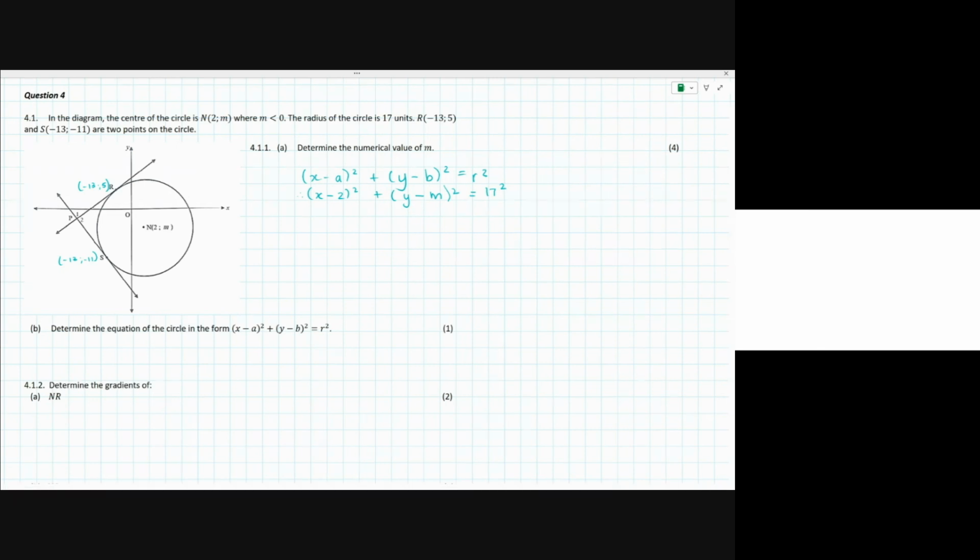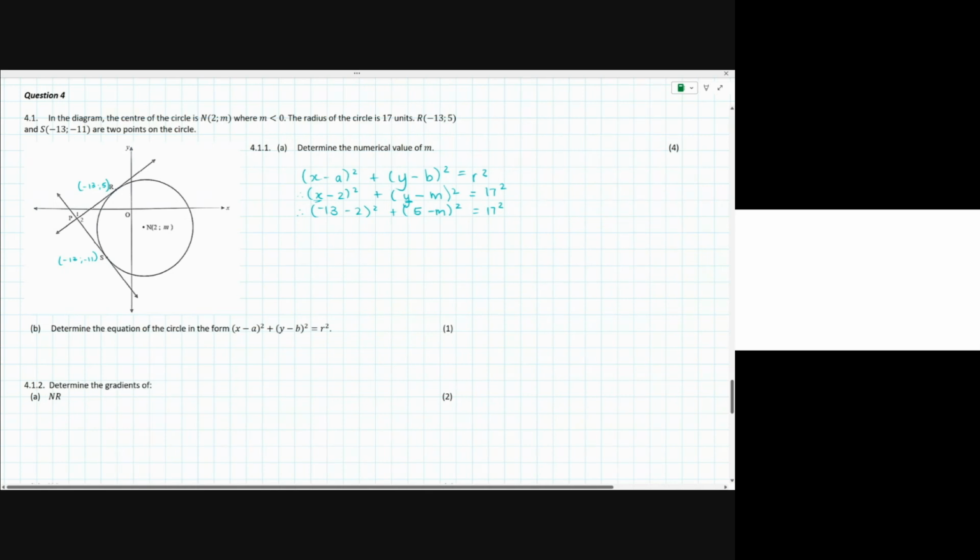In order for me to solve for m now, I just need to substitute in a coordinate to replace x and y. And we've been given two coordinates, R and S. Doesn't matter which one you choose. I'm going to go with R, but obviously you could do any coordinate that you want. And so (-13 - 2)² + (5 - m)² = 17².